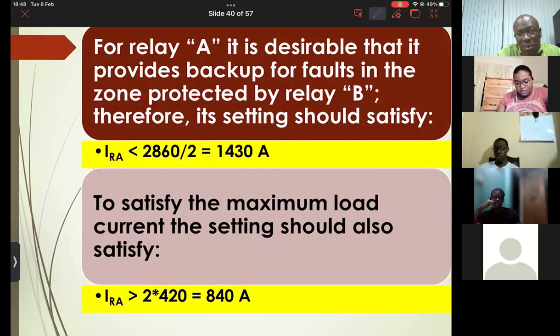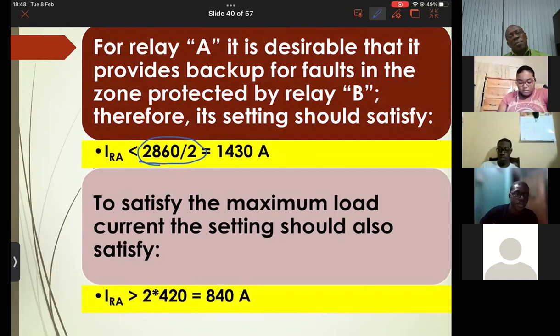Remember we spoke about minimum fault current. So its setting is going to be based on what's happening with B. So it's half the B current, which is 1430, and twice its load current, which is 840.